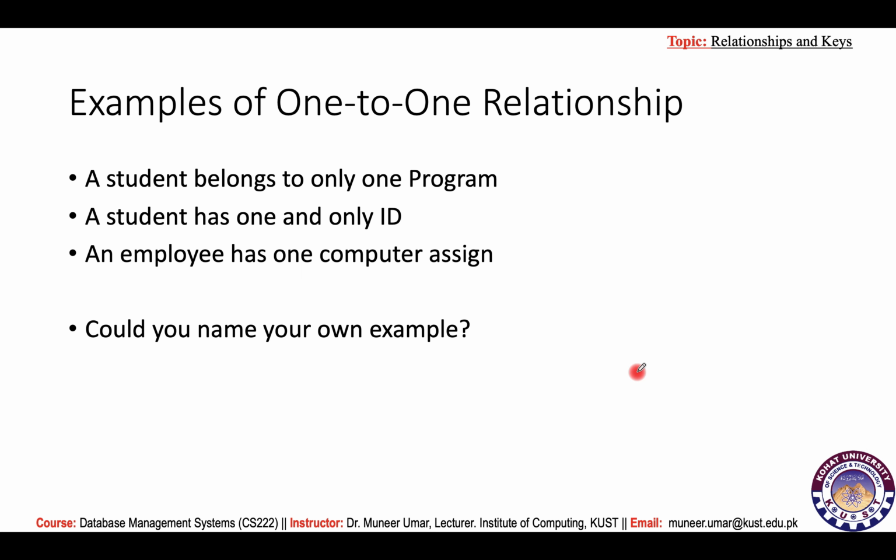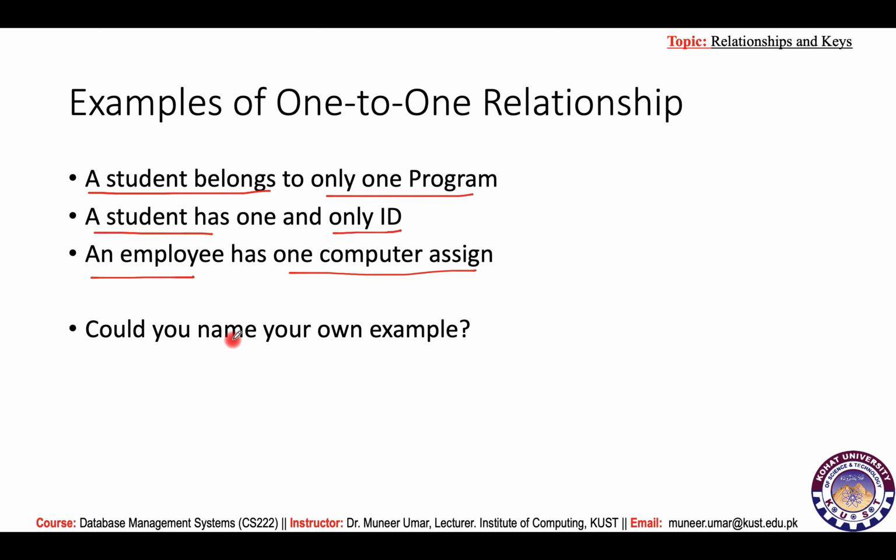Now we have examples of one-to-one relationship. The first example is a student belongs to only one program. The second one is a student has only one ID. And the last one is an employee has only one computer assigned.